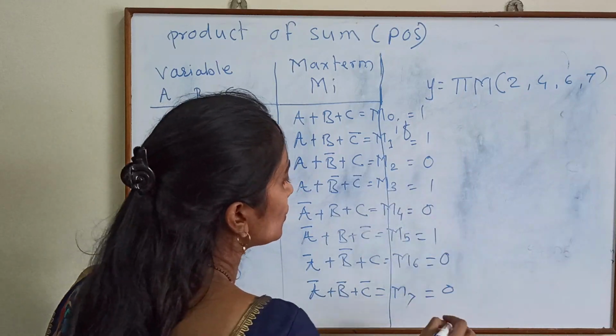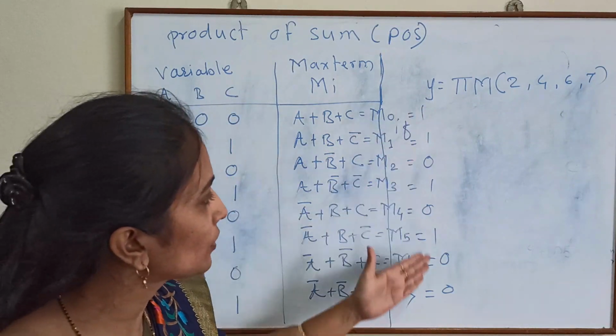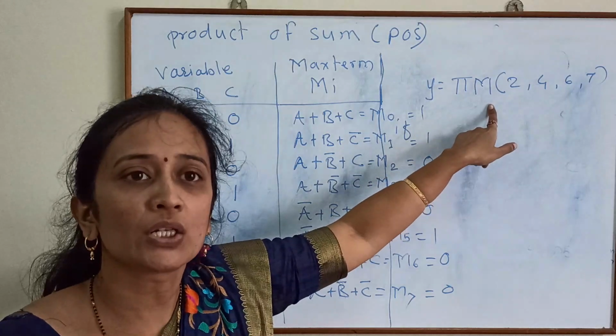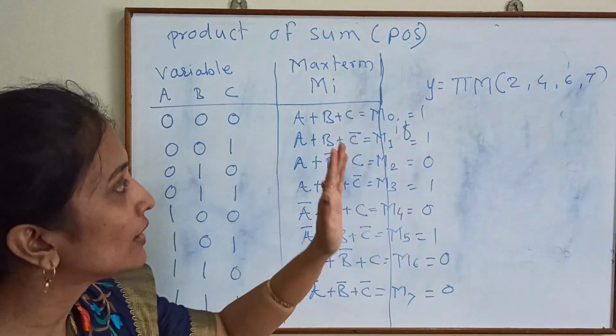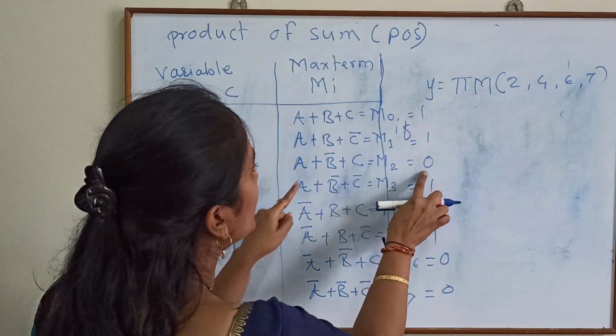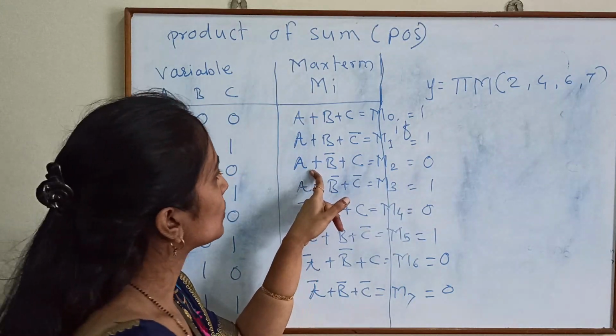This is the output of the truth table for this expression. If we want to represent it, take only the terms which have value 0.